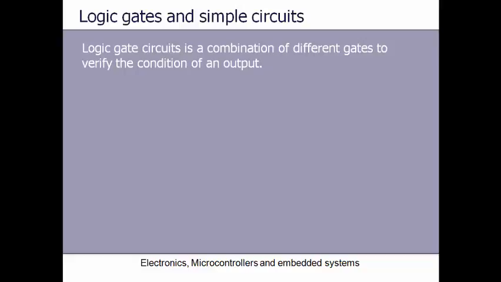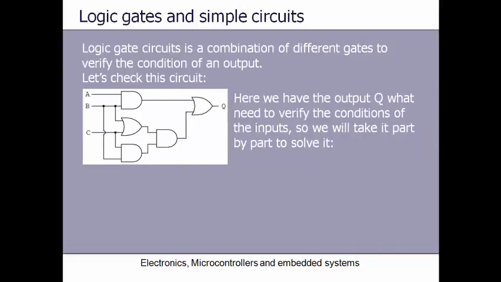When you want to have a condition for the output, you put a series of operations to pass through to be able to verify that output. We will see this example to explain more.